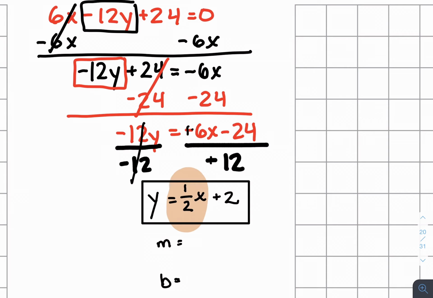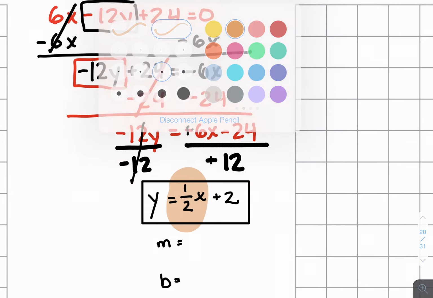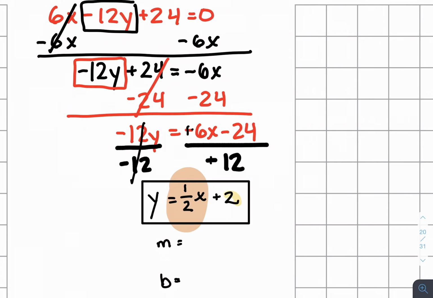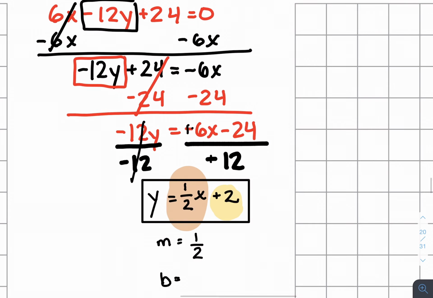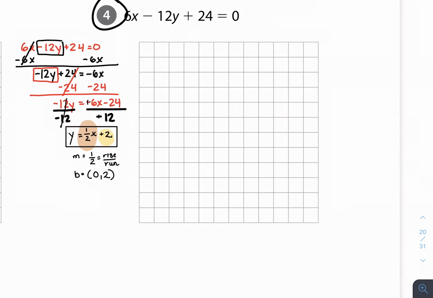Here, our slope is 1/2. Our y-intercept is 2, positive 2. So 1/2 would be rise over run for when we graph it. And 0, 2, it's going to be on the y-axis at 2.